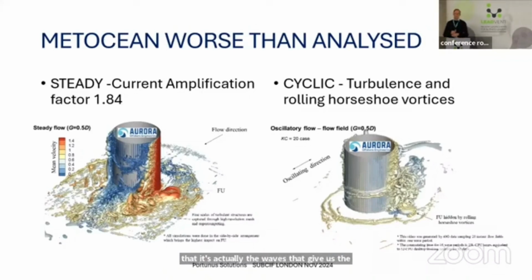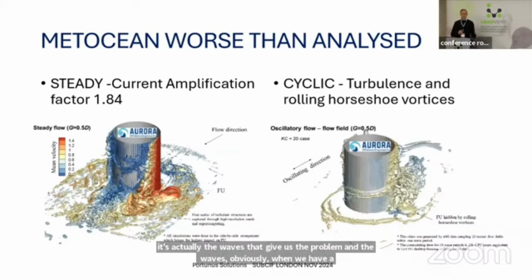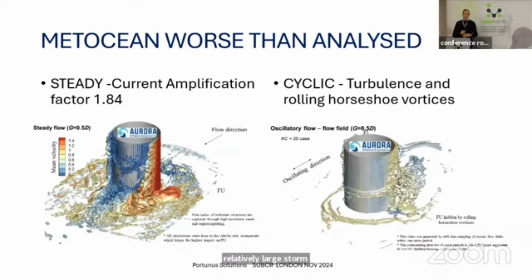And the waves, obviously, when we have a relatively large storm, we have a wave period time of something between 12 and 25 seconds or something. If we have a real big bad storm, we may have up to close to 30 seconds wave period time. And that's, of course, a very different story than 6 hours tidal shift.